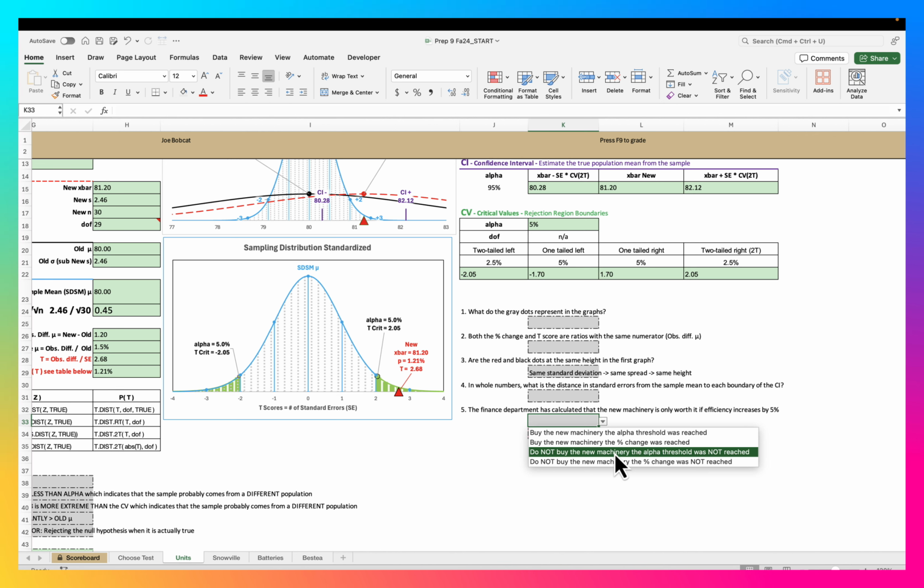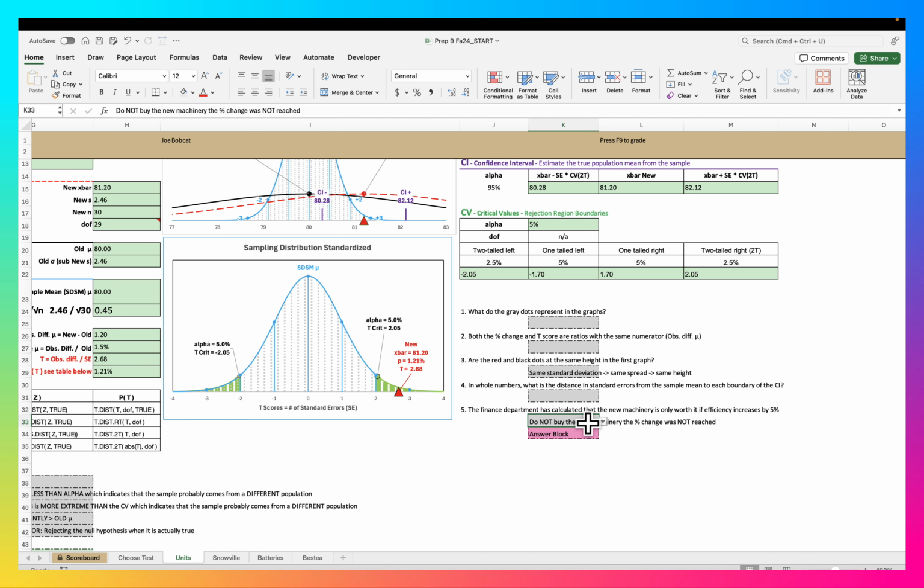The alpha threshold was not reached. Well, which one is it? The alpha threshold was not reached, or the percent change was not reached. We'll go with percent change. Though that question might not have been worded the best way possible.